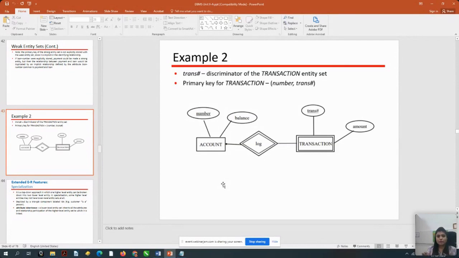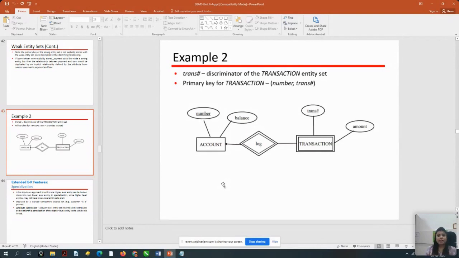Okay. And so for the weak entity set transaction, trans number becomes the discriminator, and then we have the account, okay, to which it is linked, which is a strong entity set. And the primary key of that particular entity set is the number. Number can be account number, okay, which is unique.